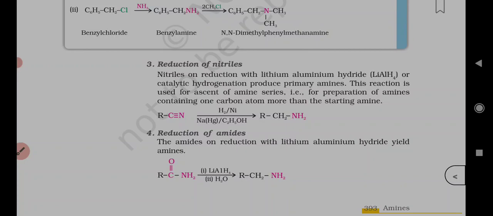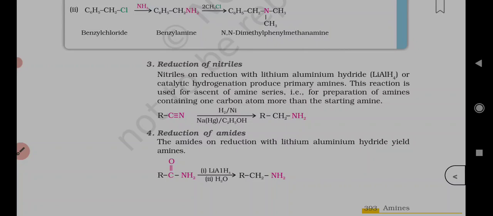And C4H9OH, with 74 molar mass, has 390.3, the highest boiling point. So alcohols have higher boiling points than amines. This is called the boiling point order.